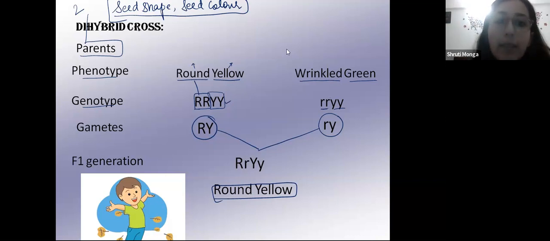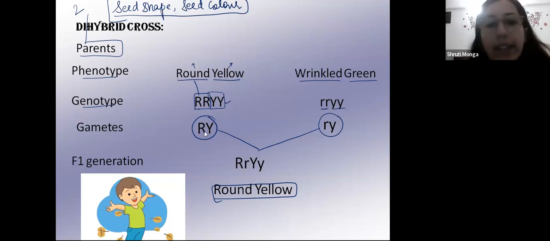I'm repeating again. Parent genotype is capital R, capital R, capital Y, capital Y, because now there are two traits, seed shape and seed color. Phenotype is round yellow. For the other parent, the phenotype is wrinkled green, and the genotype you write as small r, small r, small y, small y.